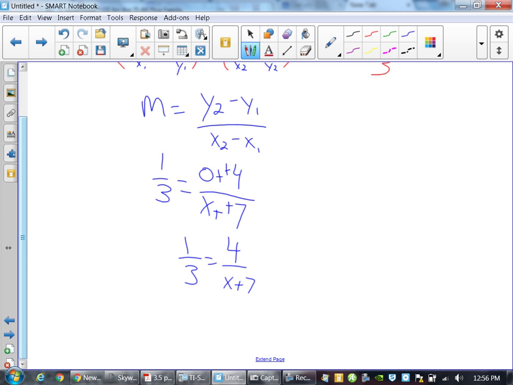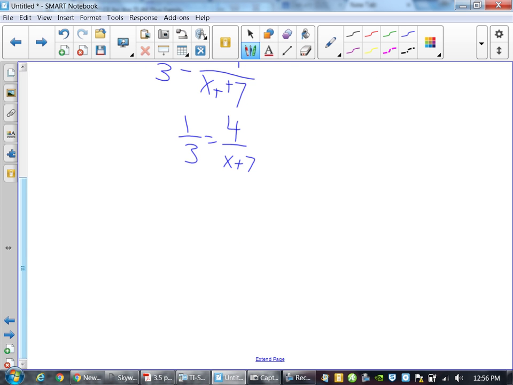Now we have the good old-fashioned fraction equal fraction. How do you set up and solve fraction equal fraction? Cross multiply. What's 3 times 4? 12. Cross multiply it. One times all of that doesn't change what's in the parentheses, does it? Nope. Just rewrite it. And we were talking about this in 4th hour.